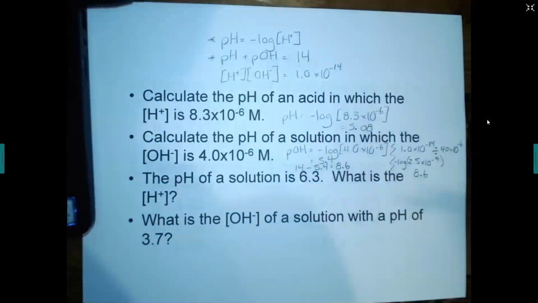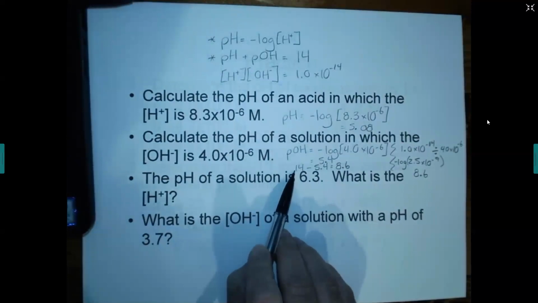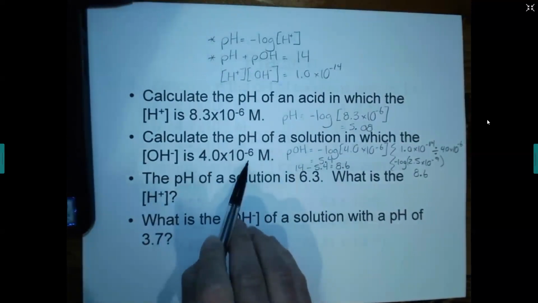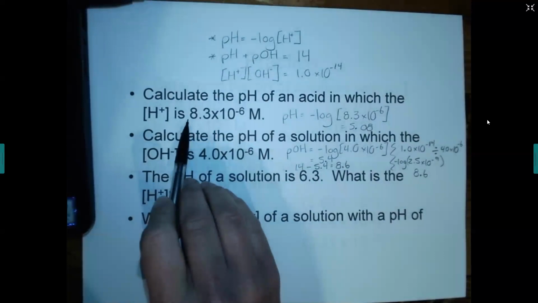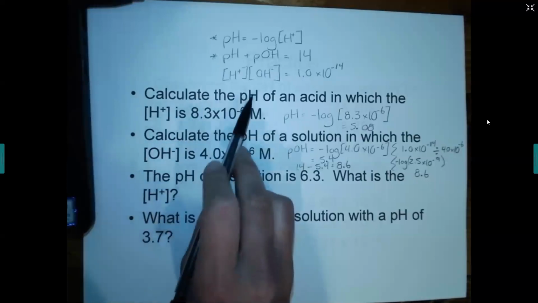So whichever one you prefer to do, you get the same number no matter what. I typically prefer to do it this way. Anytime I see a concentration like this, I just take the negative log of it. And I keep in mind, like in this first example, it was the concentration of hydrogen ions, so when I took the negative log, it's the pH.